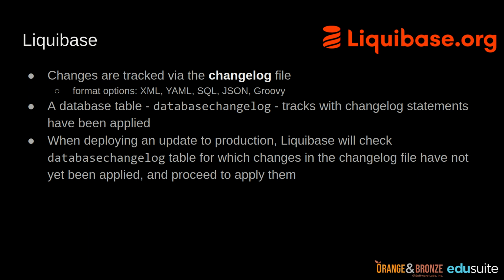When you're deploying an update to your application and changing the schema, Liquibase looks at the change log and the database change log table, sees which changes have not yet been applied, and then applies those changes.